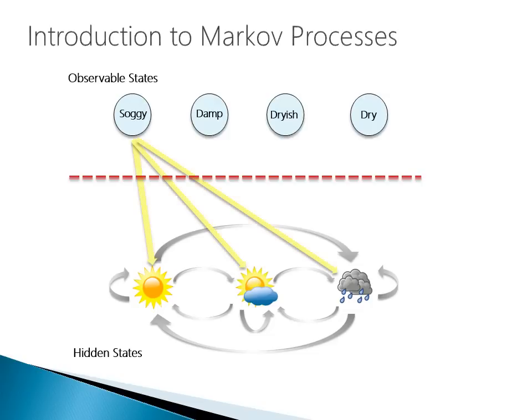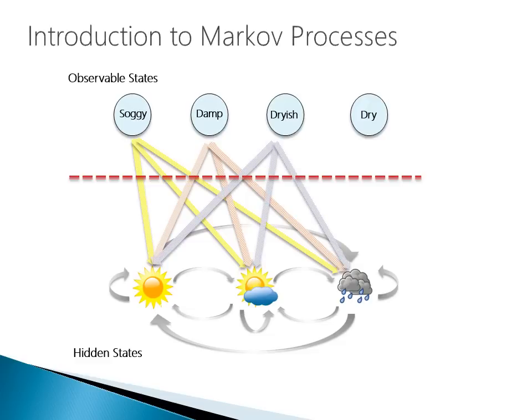And what we're trying to do is create the connection from a piece of soggy seaweed to the various weather states. And we can see from each one of these states that they're connected to the hidden Markov process in some manner. And that's what we mean by a hidden Markov process.